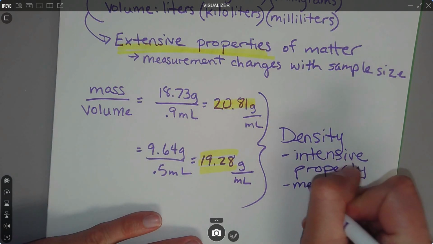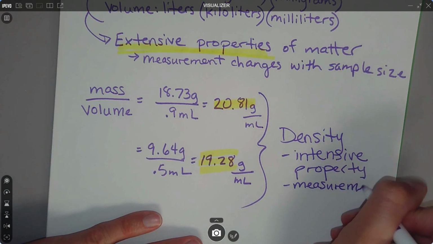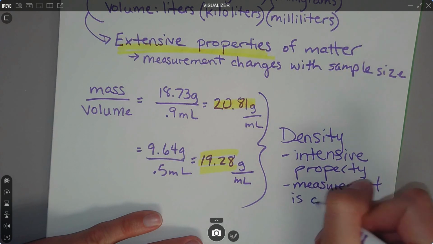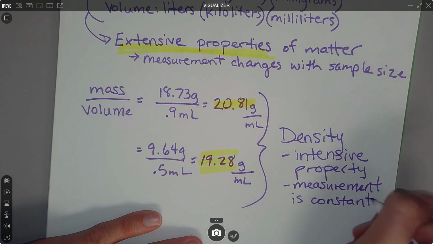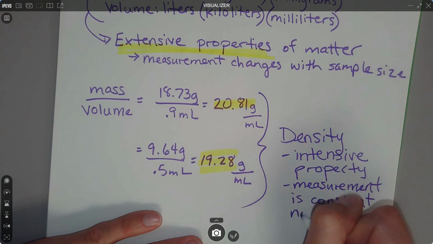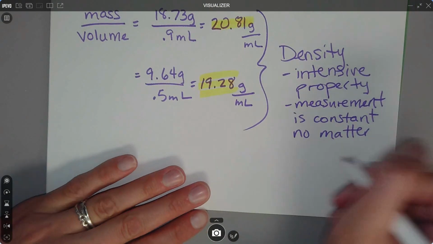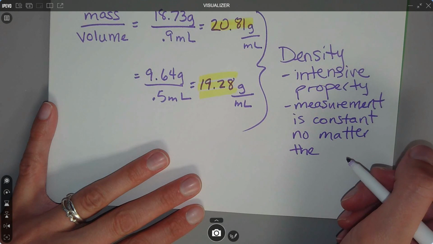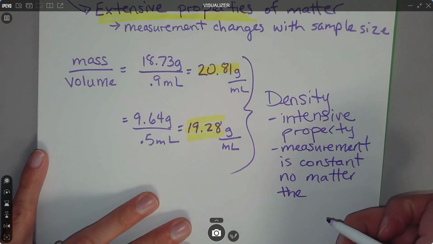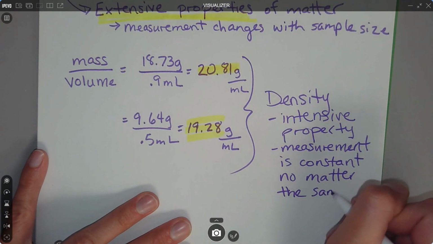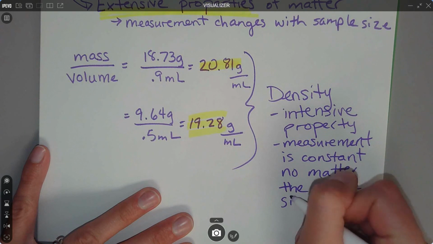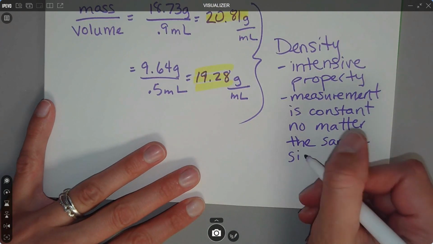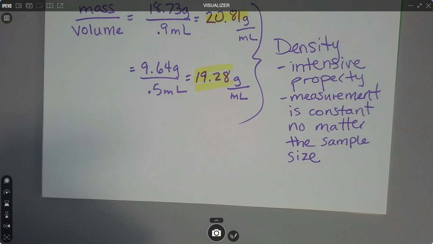And in this one, the measurement is constant no matter what the sample size is. I'm going to write sample size. Do you see that?